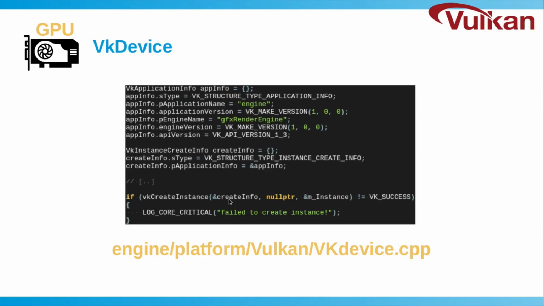We pass a Vulkan structure, in this case here called createInfo. This structure is referencing another structure, appInfo, which we create up here. So then in this call, we pass here a null pointer, and then the instance we need this function to initialize, and then we check if it was successful or not.